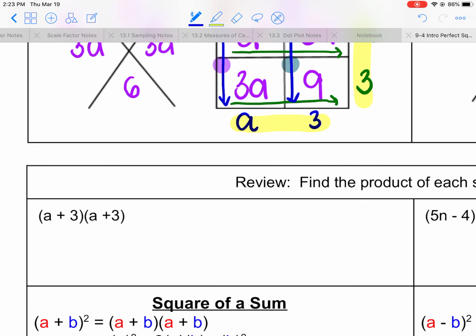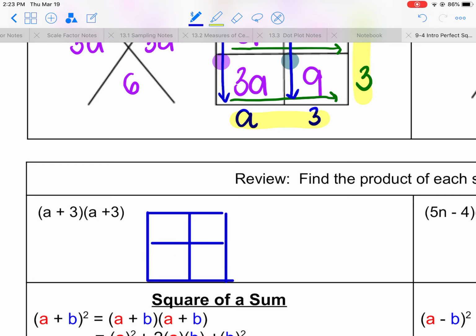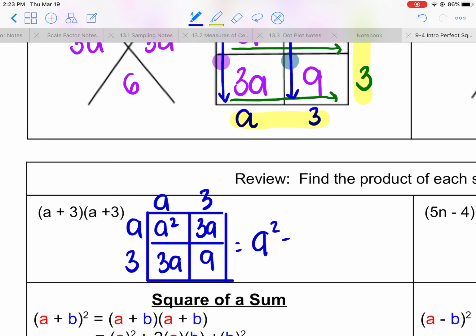So remember, if we're using the box method down here, I would set up my box like so. That's a terrible box. So now I have a plus 3, a plus 3, a squared, 3a, 3a, and 9, which gives me a squared plus 6a plus 9.